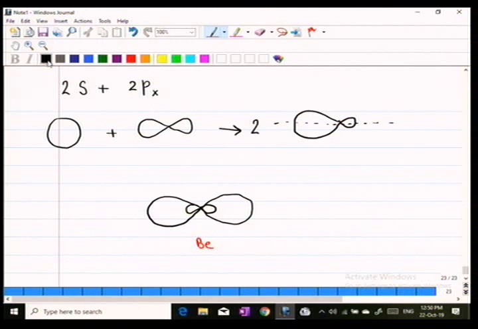Now guys, the next important point: to make the further bonds between beryllium and the chlorine, remember you have to use the hybrid orbital of the central atom and the normal orbitals of the surrounding atoms. I'm repeating that we have to use the normal orbitals.